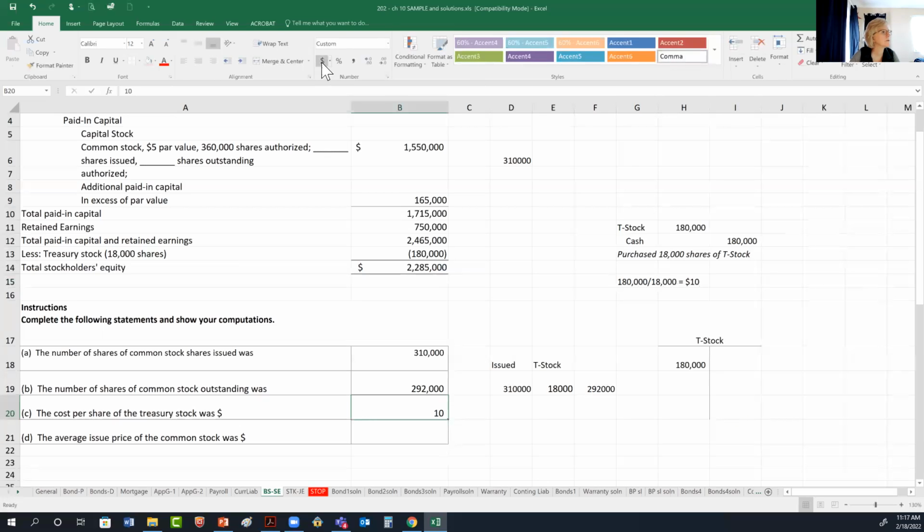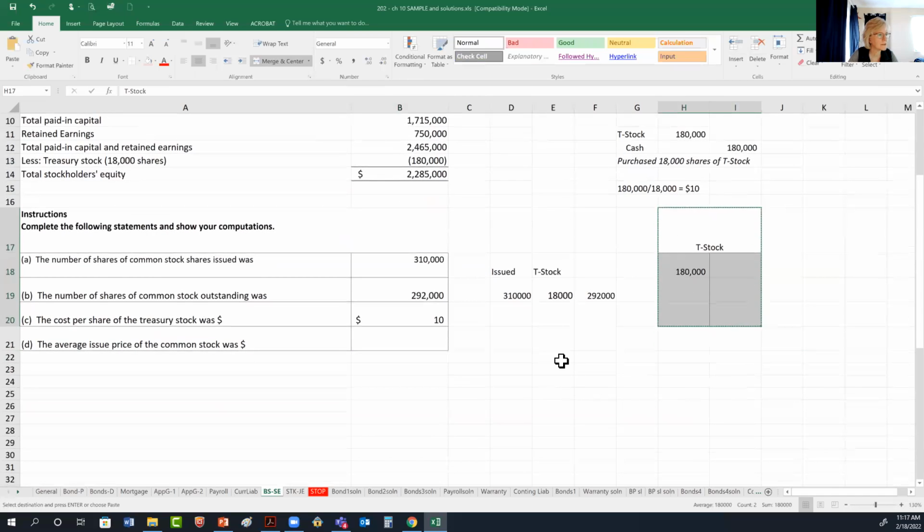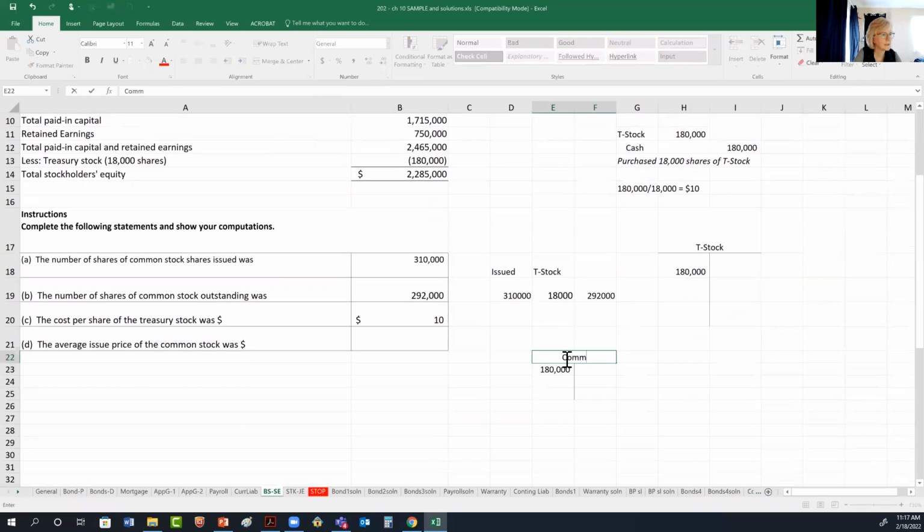And I'm going to differentiate this because these are shares. Okay. Now, last one, and we're going to use that same logic for D. What's the average selling price of the common stock? So how do we figure out the average selling price of common stock?